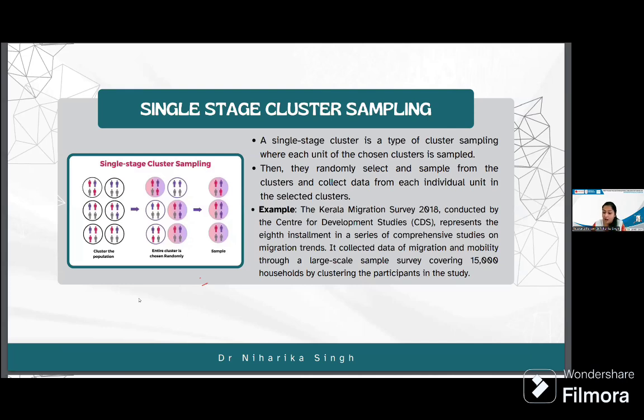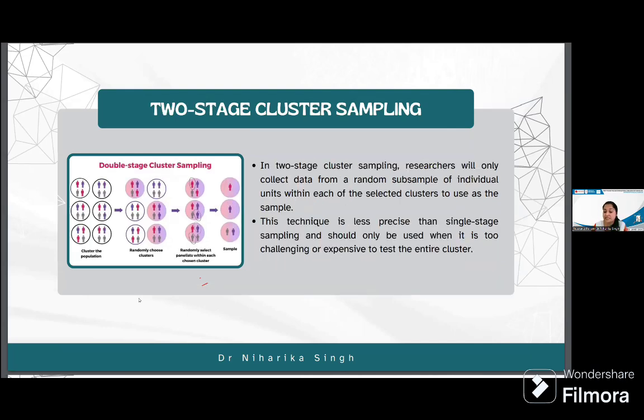Now, here in the two-stage cluster sampling, we will take only selected clusters as the sample. From the cluster also, some of the selected part will be taken as our sample from the cluster.